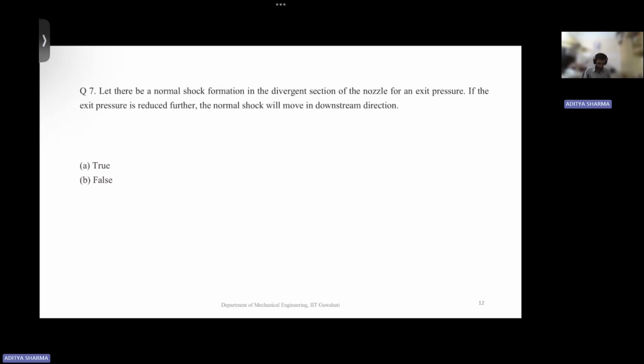So this says that let there be a normal shock formation in the divergent section of the nozzle for an exit pressure. If the exit pressure is reduced further, the normal shock will move in downstream direction. So whether this is true or false.